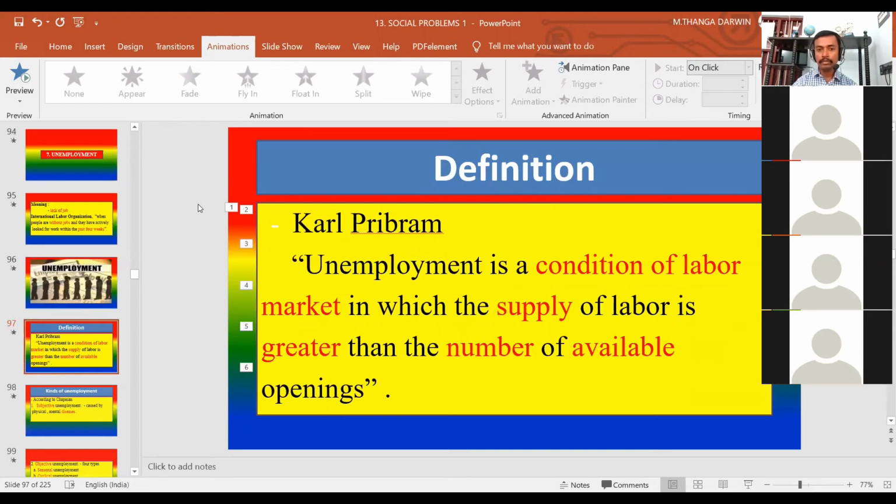According to the condition of the labor market, supply is greater than demand. Supply means available labor is more than available jobs.